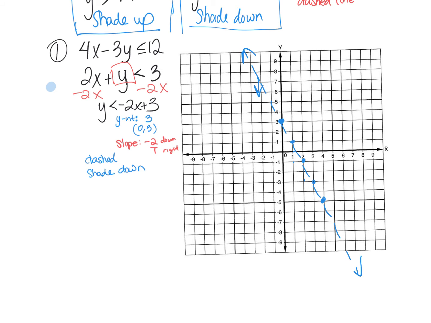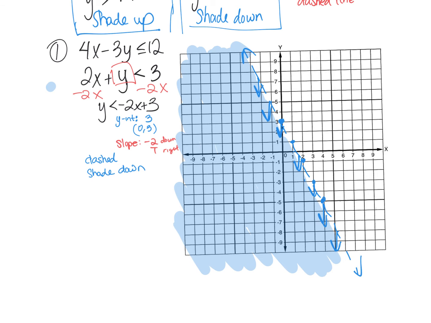So I like to put my pen on the line and draw arrows down to show which side of the graph I am shading on. So this graph, and now you could leave it as just arrows, and then in the end decide where the arrows are both pointing at the same spot, or we can literally shade the whole thing. Because these shaded parts are all solutions for y is less than negative 2x plus 3.